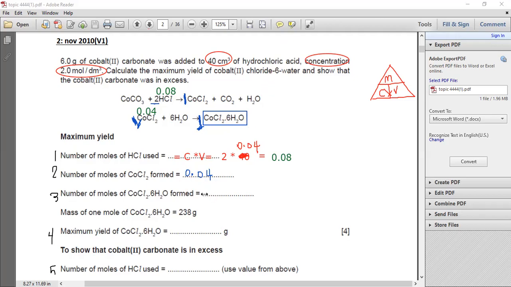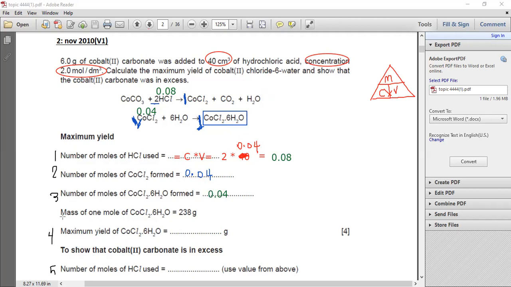So here is 0.04. Any comment? Any question? Does anyone have a question, guys? Any point not clear? Okay. Next one.